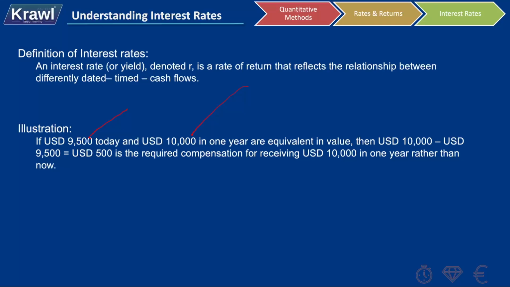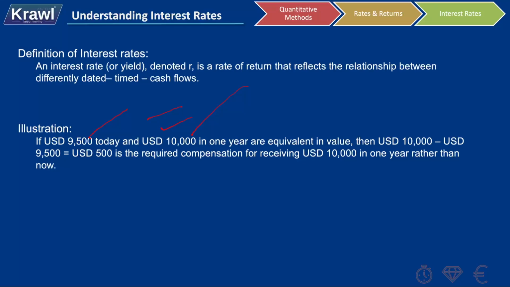We are saying both these figures are equal. If they are equal over a timeline, today versus a year down the line, then the difference between these 2 numbers in absolute terms is what we refer to as interest.